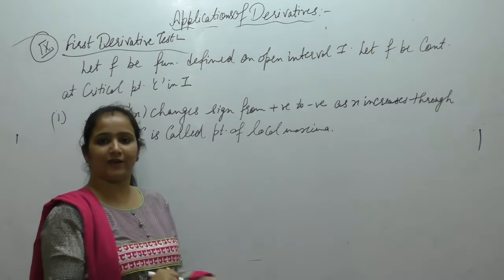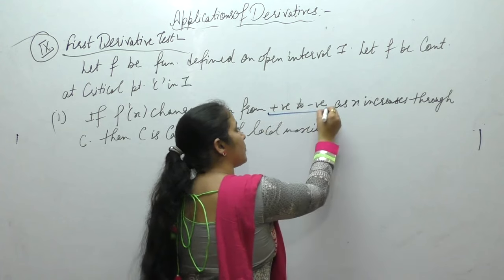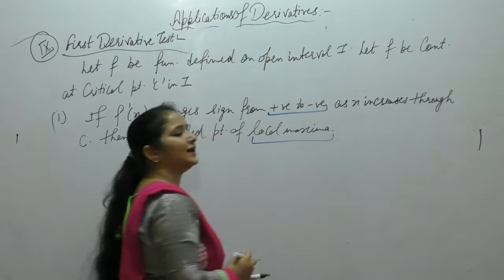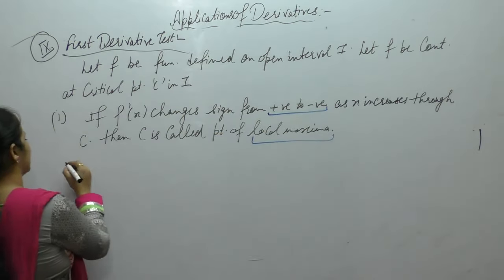When f dash x changes sign from positive to negative, then it is the point of local maxima.